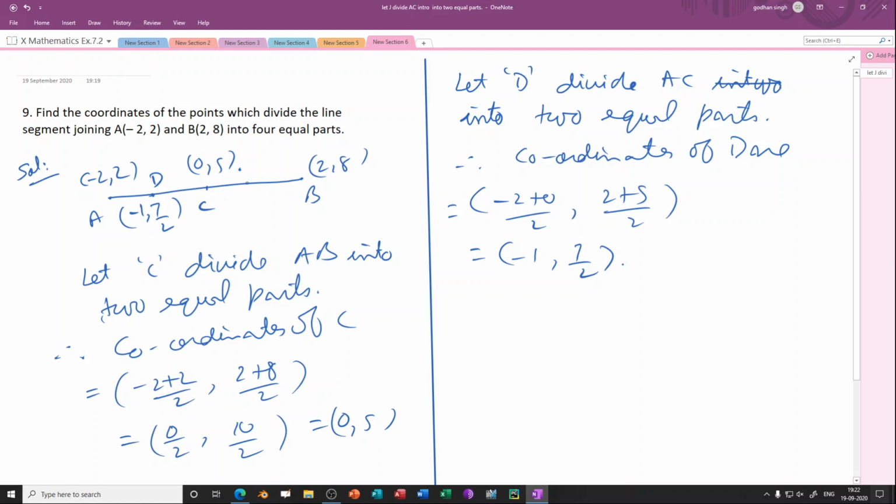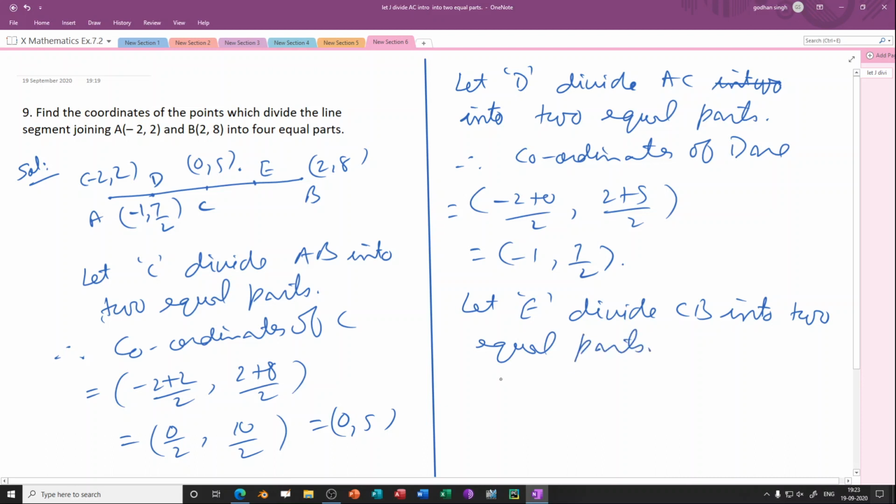Then suppose point E is there. Let E divide CB into two equal parts. Therefore, we'll find the midpoint of CB.